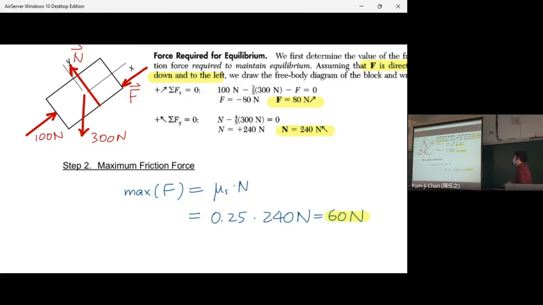Now we compare this to the friction required for equilibrium, which is 80 Newton, and the maximum friction force, which is 60 Newton. So is this possible? No, it is not possible, because the maximum friction force is 60, but we need 80 for equilibrium.